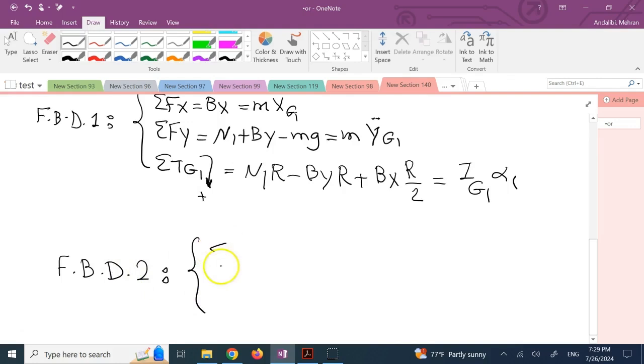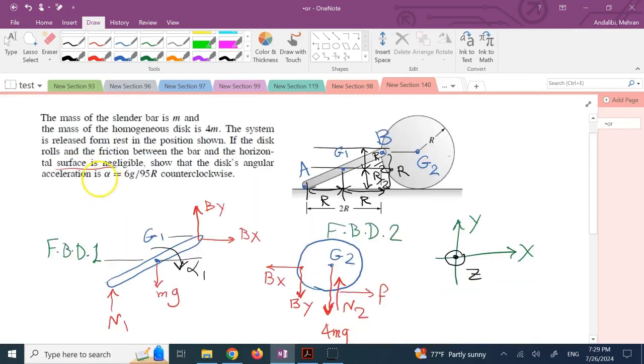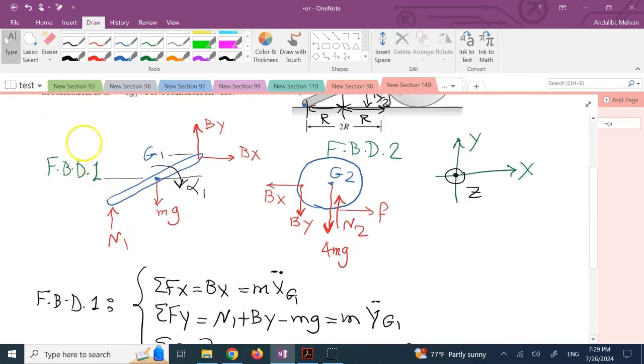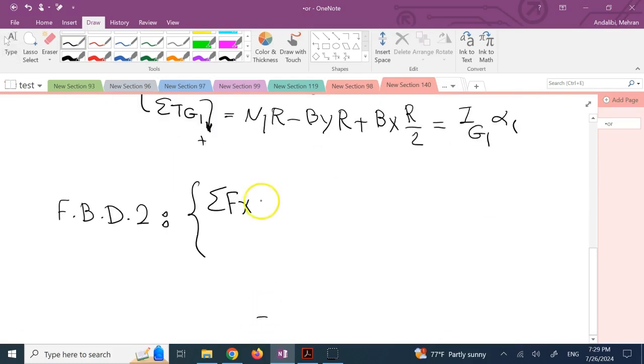Similarly, we go to free body diagram number 2, and we write the equation. So sum of x forces in this case, we go and take a look. We have positive F and then what? Minus Bx. Positive F and minus Bx. This equals 4m times x double dot of G2.